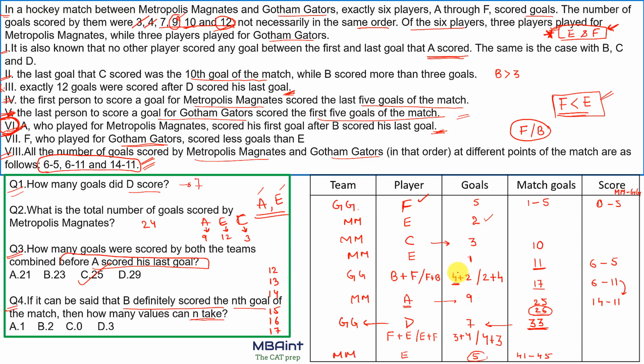These are the two possible combinations, 4 plus 2 or 2 plus 4. So if B takes the first 4, then we'll have the last 2 by F, and if F takes the first 2, we'll have the last 4 by B. So we are sure that the 14th and 15th goals are made by B, so the value of n is 2.